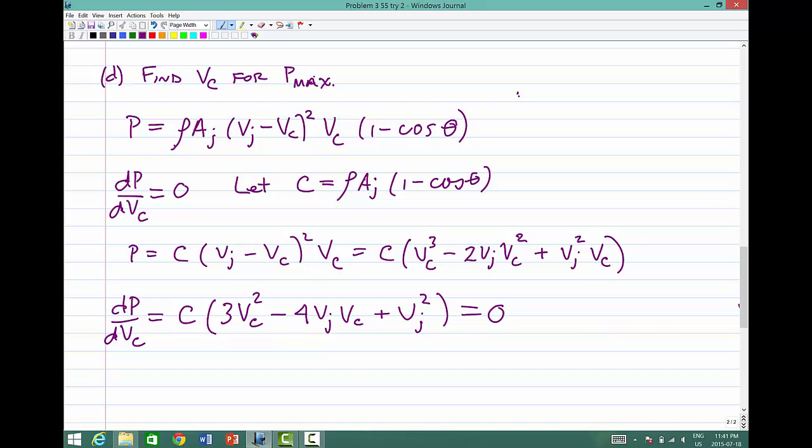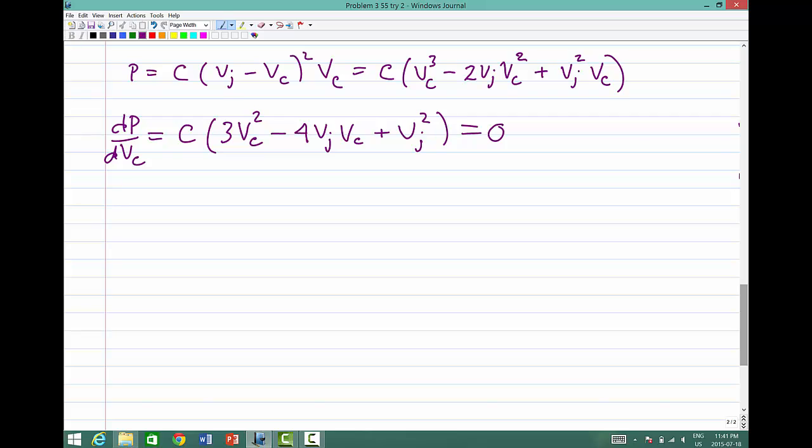Let me scroll again. So we have the problem of 3Vc squared minus 4 V jet Vc plus V jet squared equal to 0, because we can get rid of the constant.